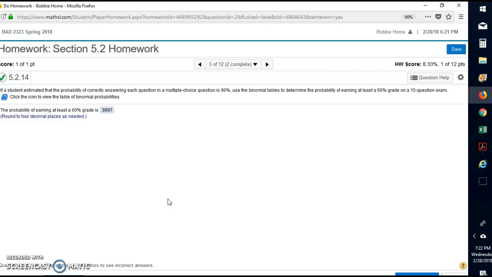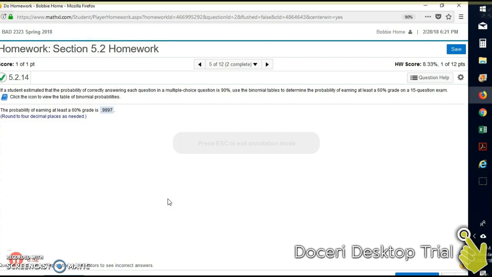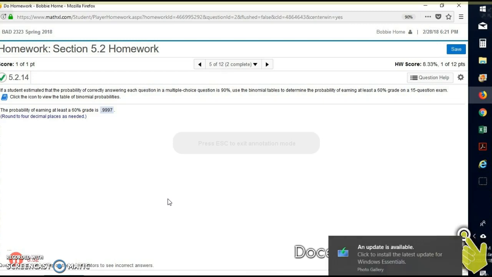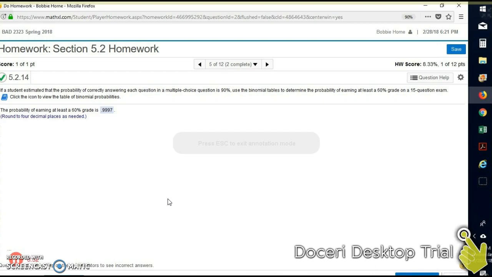So first of all, let's figure out what all we know, and then we'll go from there. We're actually going to be using the table. So first of all, we want to find the probability that we earn at least 60% of a grade.